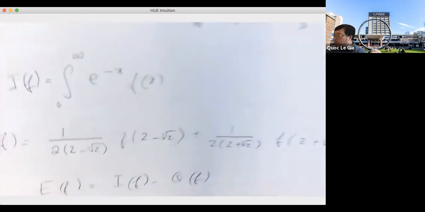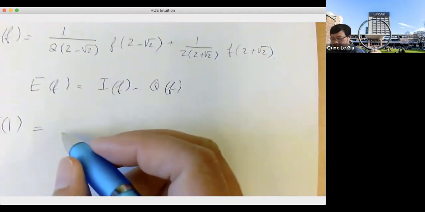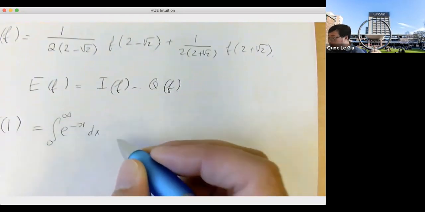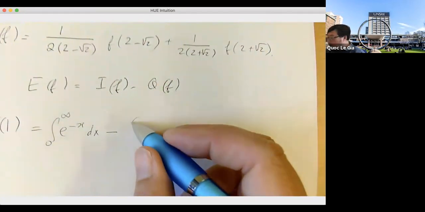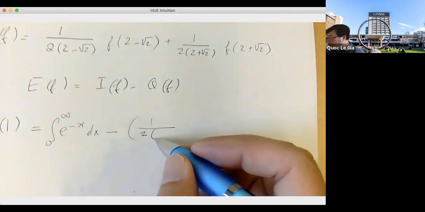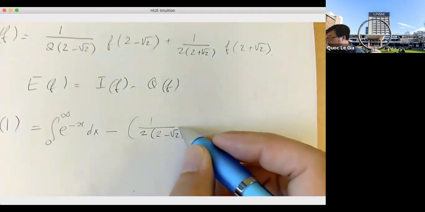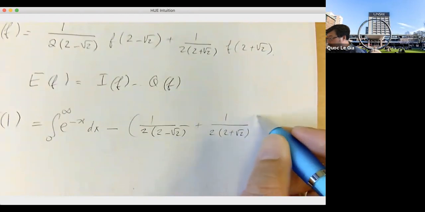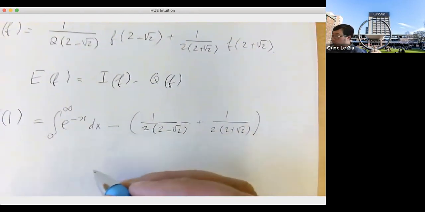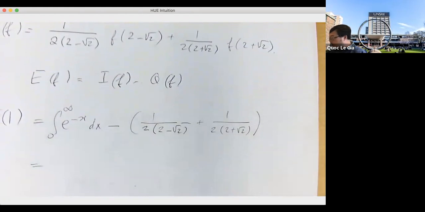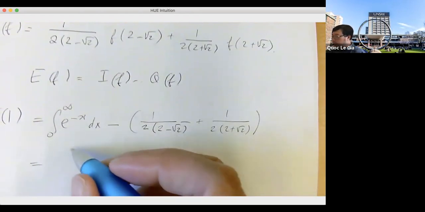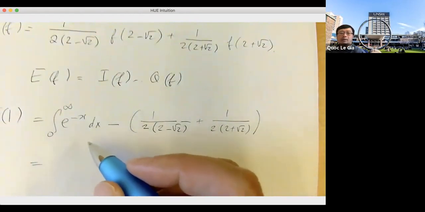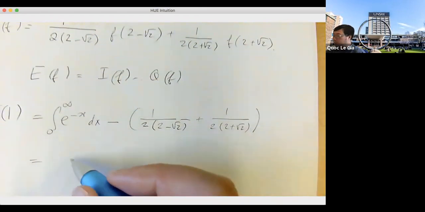So E1 will be the integral from 0 to infinity of e to the minus x dx minus 1 over 2 minus root 2 minus 1 over 2 plus root 2. And this one, if you take the integral, it just gives you 1, because it's e to the minus x over minus 1 from 0 to infinity, which just gives you 1.